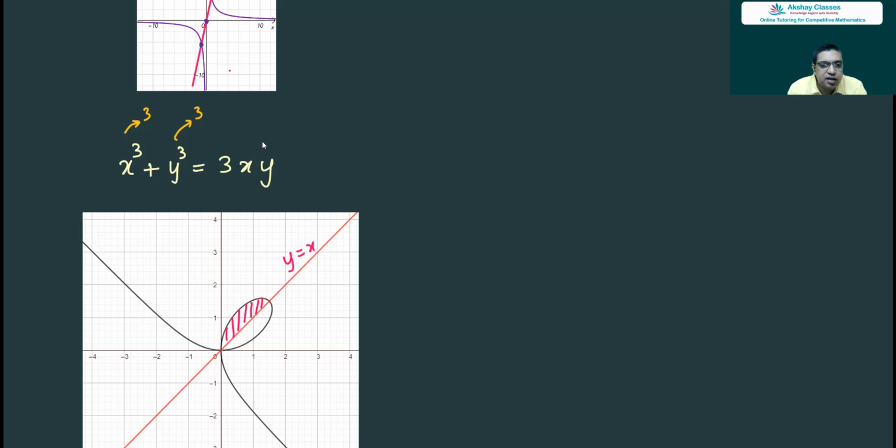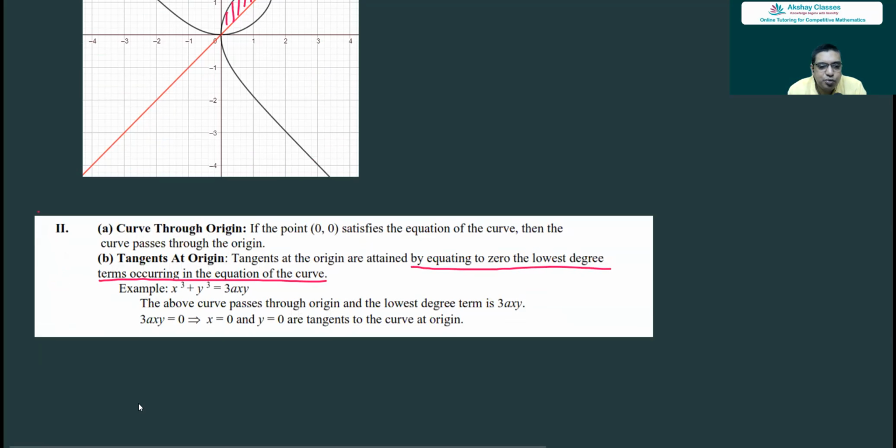So that is x power m and y power n, it is degree m plus n. So we just add the degrees. Together, this is degree 2. So the lowest degree term in this equation is degree 2.